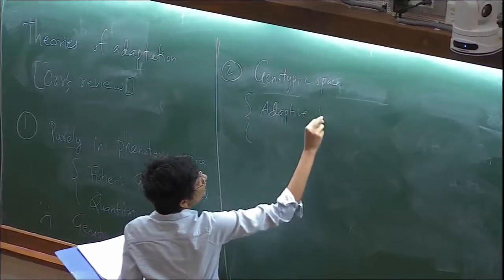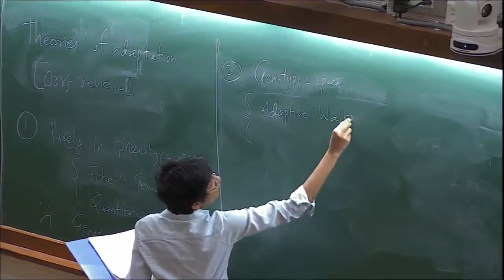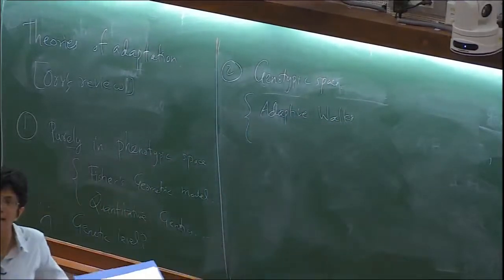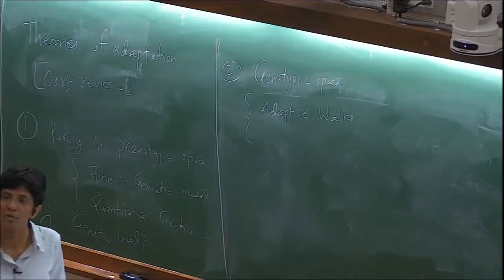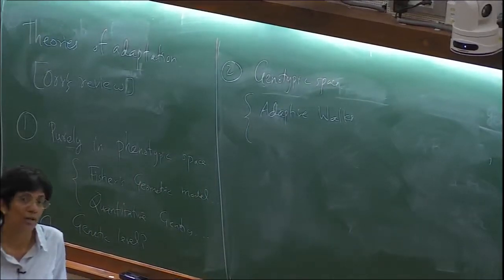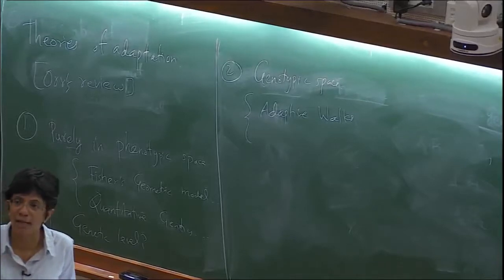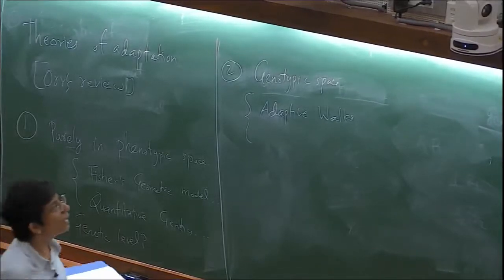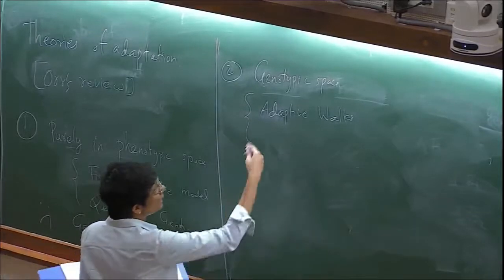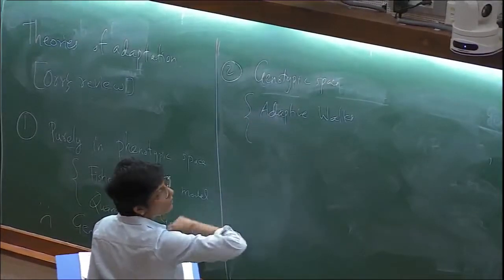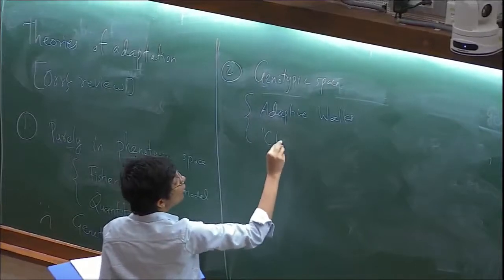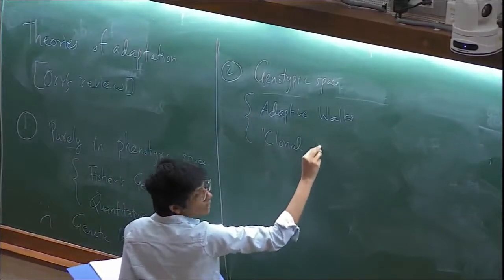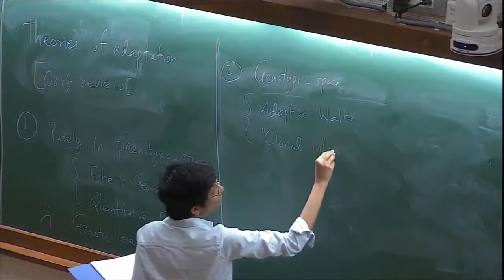Adaptive walks, which is like saying there's a fitness landscape, a very high-dimensional version of, if you like, the Himalayas, and you have to climb uphill. Under certain conditions it's pretty good, but not good enough. And there are more sophisticated versions of that, and those theories are called clonal interference, etc. And I think Luca will probably do that a bit today.